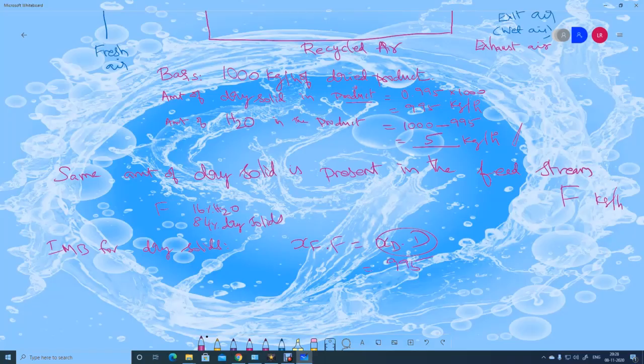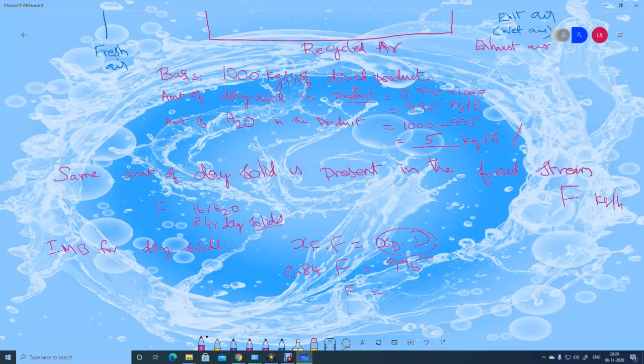Okay, so xf is 0.84, F is unknown, so we will get the F value now. Let xf be the mass fraction of dry solids present in the feed stream, that is 84%. Let F be the kg per hour of feed entering the system, which will be equal to the same amount of dry solid present in the product, which we have determined already.